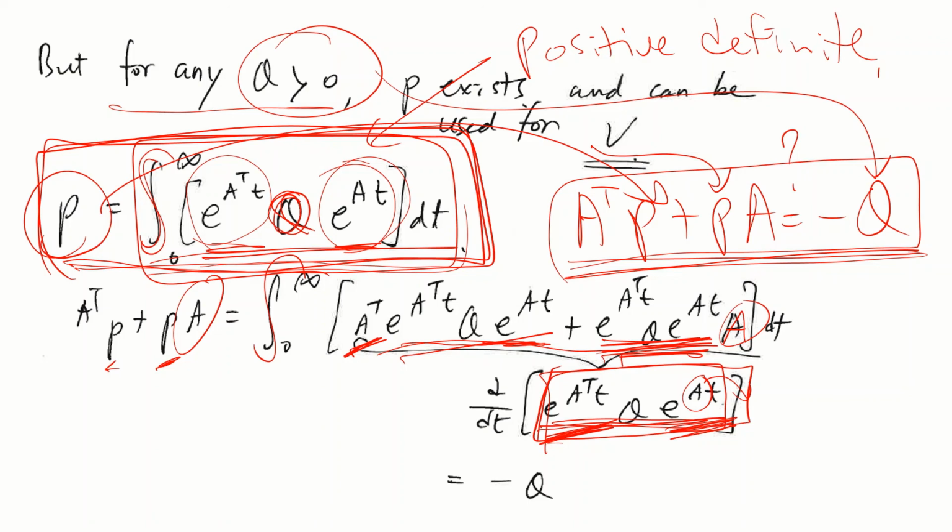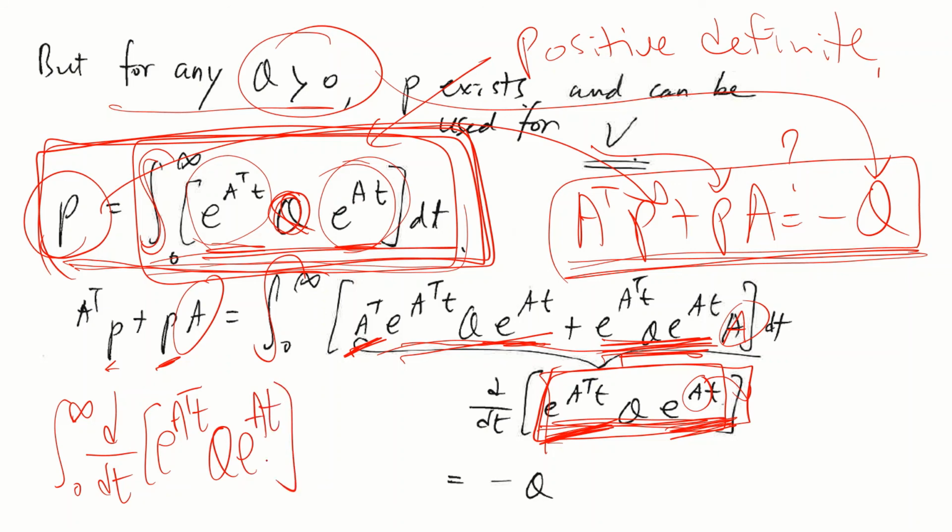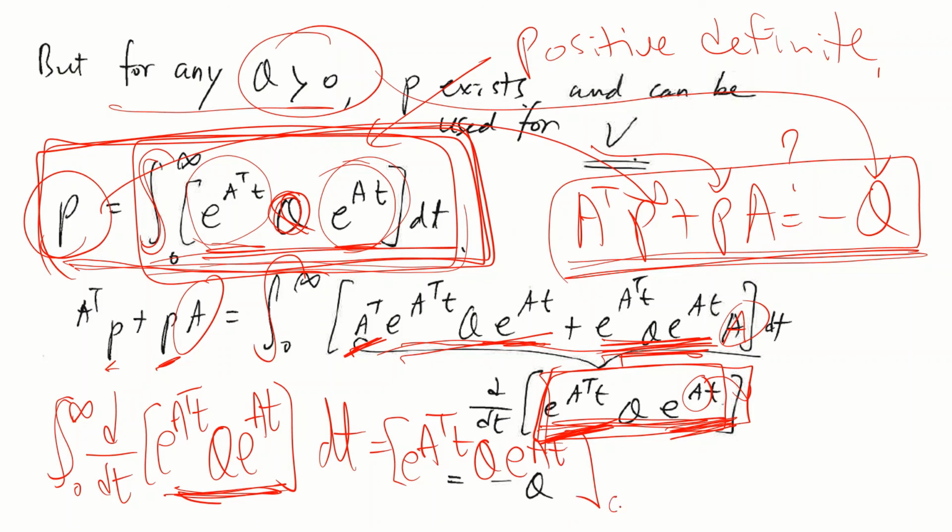So then you have the integral from 0 to infinity of d by dt of e to the A transpose t, Q, e to the A t, dt. This expression is differentiated and integrated. So if we do this operation, then the original expression comes out, Q e to the A t, and you have to evaluate this one at infinity and 0. If we plug in t equal to infinity, the whole expression will be 0 if A is stable.